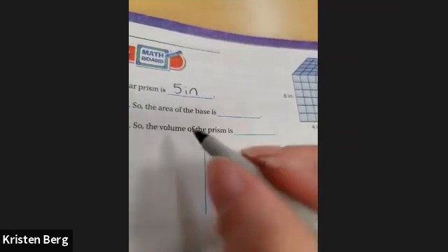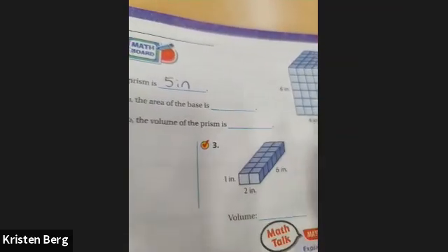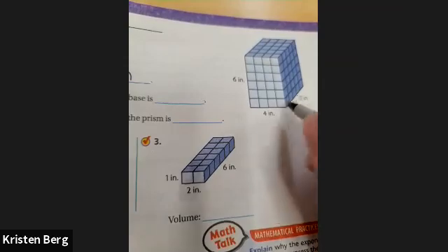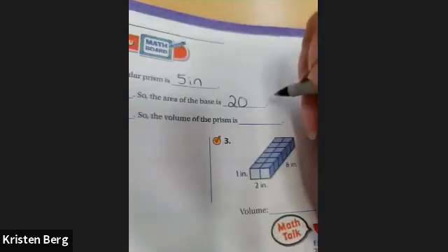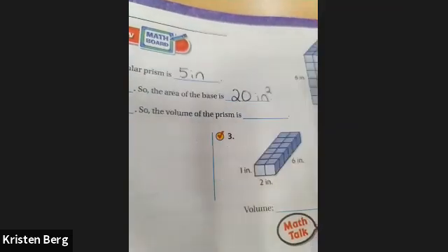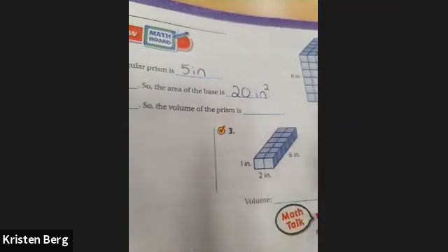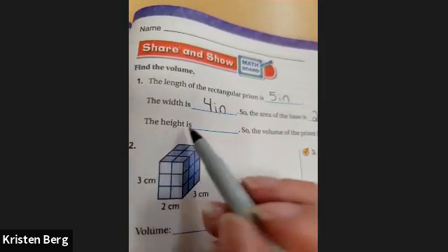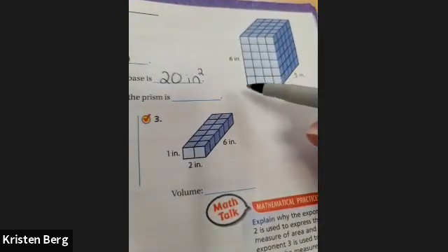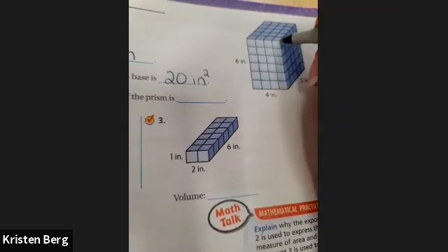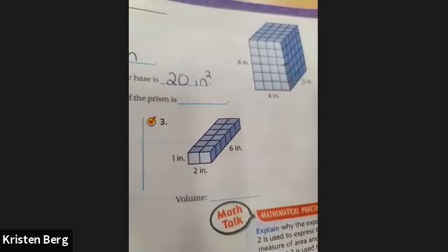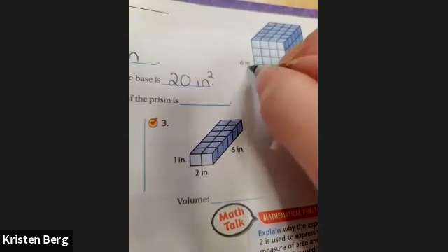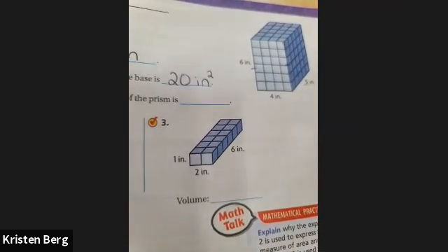So what is the area of that bottom shape? Just the base. 5 times 4 is 20. And then inches times inches is inches to the second power, so that is inches squared. Now, what is the height here? Well, the height is right here. Since this is one side of that rectangle, the opposite side is also the same.